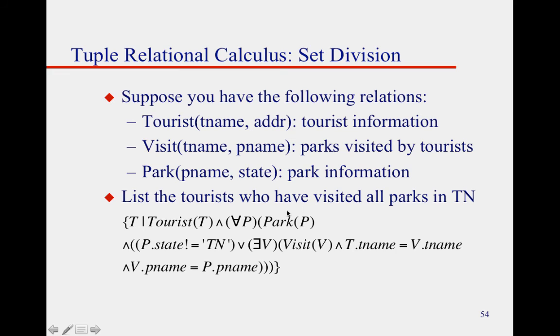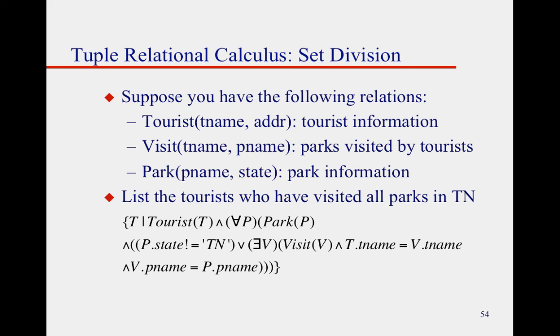Otherwise, if it is a park in Tennessee, then there must exist a visit, V, such that the tourist is associated with that visit, and that visit is associated with that park. So it's a kind of odd way of writing set division, but it works. Either the park is in Tennessee, in which case there must exist a visit for it for that tourist, or the park is not in Tennessee, in which case it easily satisfies the predicate.